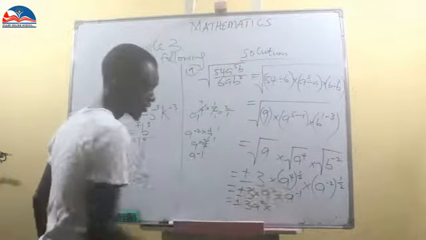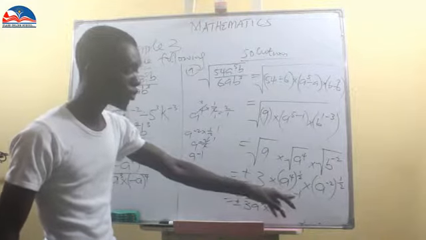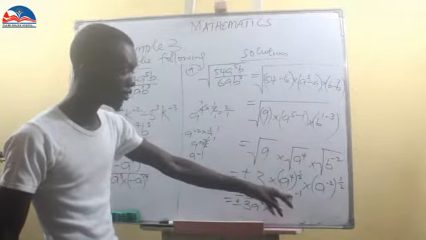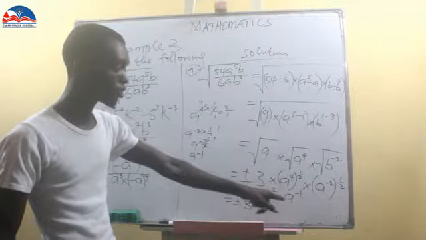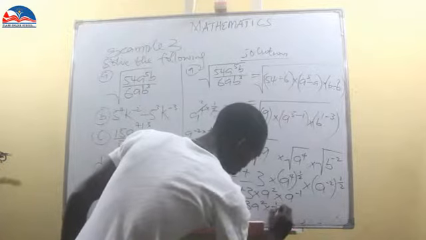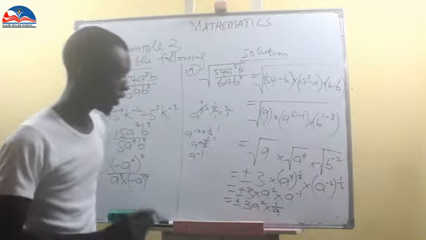Now here, a index minus 1, you can put it in fraction. When you put it in fraction, it will be 1 over a.